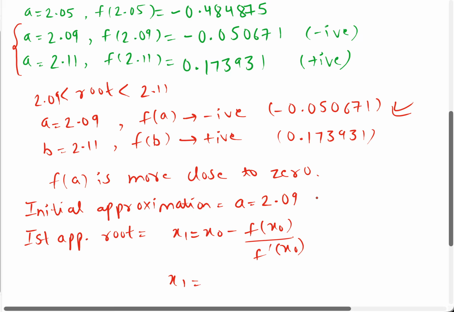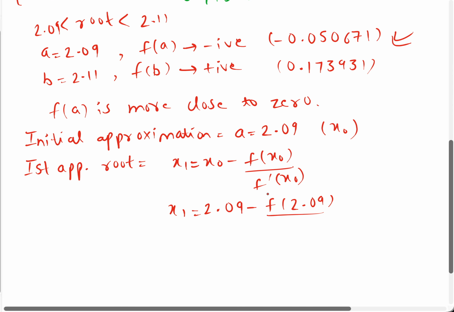What is x naught here? X naught is also called the initial approximation. So this will be 2.09 minus f of 2.09 upon f dash of 2.09.